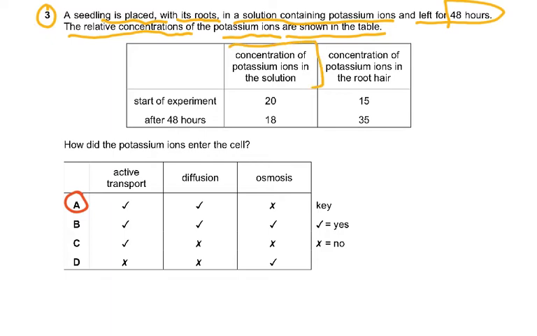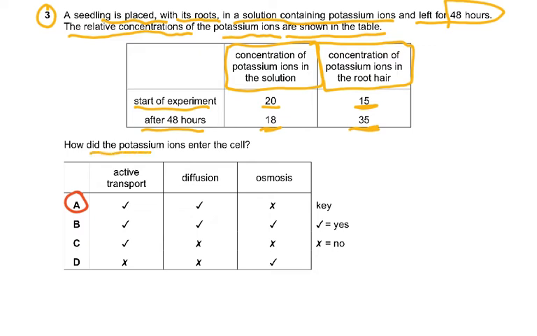Concentration of potassium ions in the solution and in the root hair, at the start of the experiment and after 48 hours. In the solution they were 20, and after 48 hours they were 18. The concentration of potassium ions in the root hair was 15, and after 48 hours it was 35.